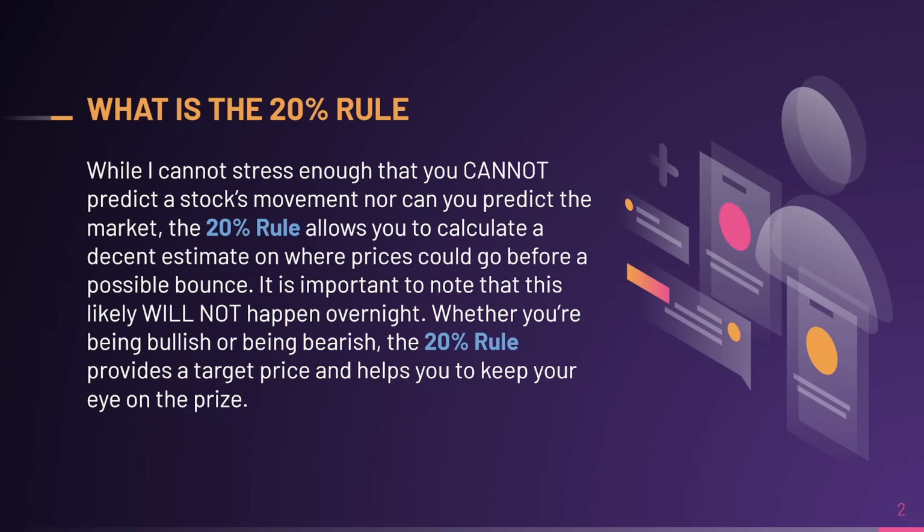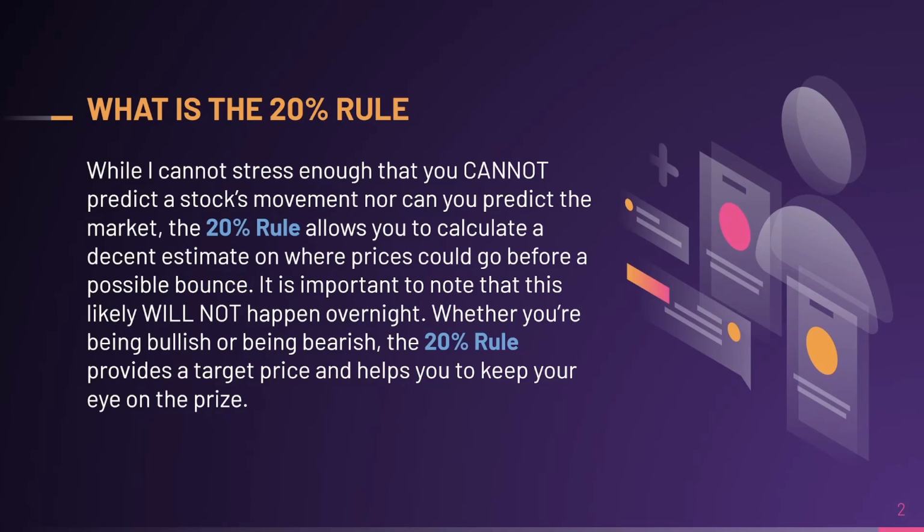Okay? It is important to note that this likely will not happen overnight, meaning hindi po to biglaan. Lalo na po ngayon na ang flooring natin is only at 30% compared to 50% where it was before. So, the 20% rule likely will not happen in just one or two candles.